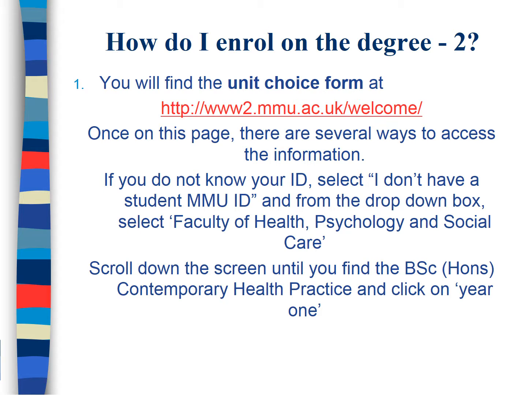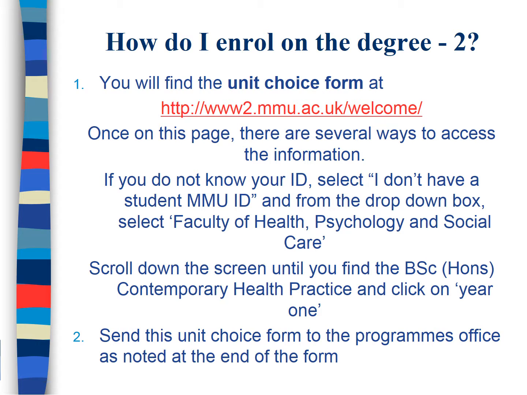Scroll down the screen until you find the BSc Hons Contemporary Health Practice and click on Year 1. Once downloaded and completed, send this unit choice form to the Programmes Office as noted at the end of the form.